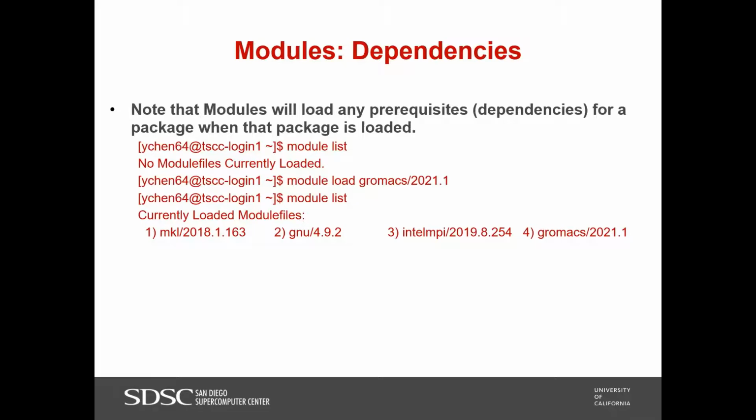I will find that not only the GROMACS module is loaded, but also 3 dependencies of GROMACS are loaded into my user environment as well. You see the MKL, GCC, and the Intel MPI. So that's how module load works when loading software with dependencies.